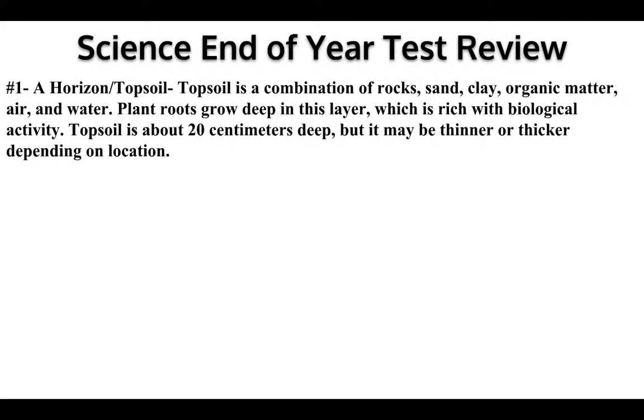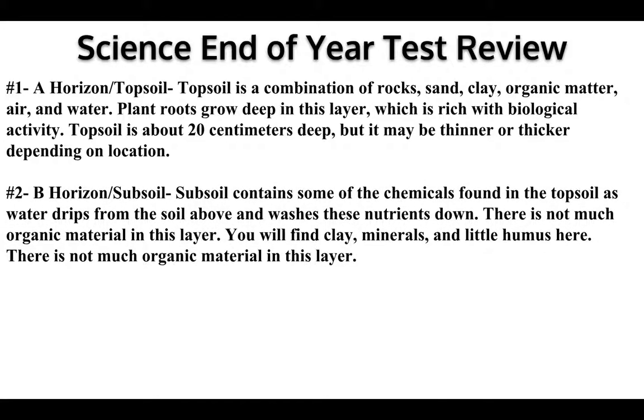Now let's look at the next horizon, which is B horizon, also known as subsoil. Subsoil contains some of the chemicals found in the topsoil as water drips from the soil above and washes these nutrients down. There's not much organic material in this layer. You'll find clay minerals and little humus here.